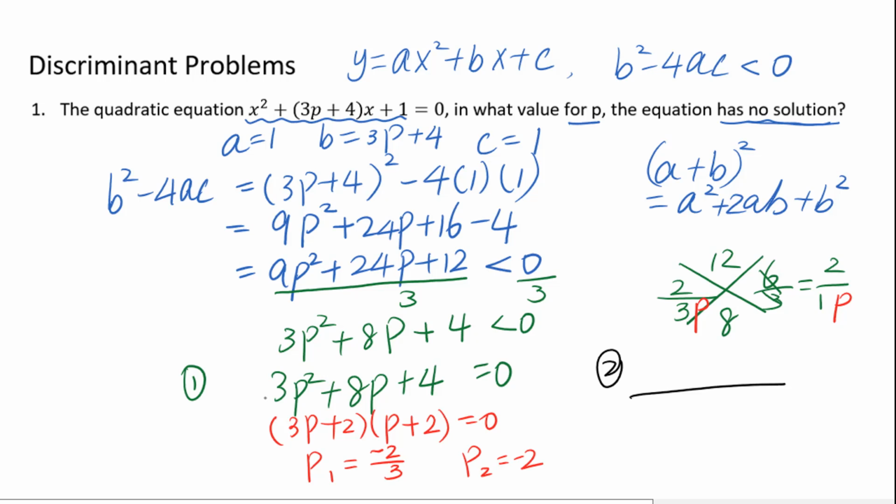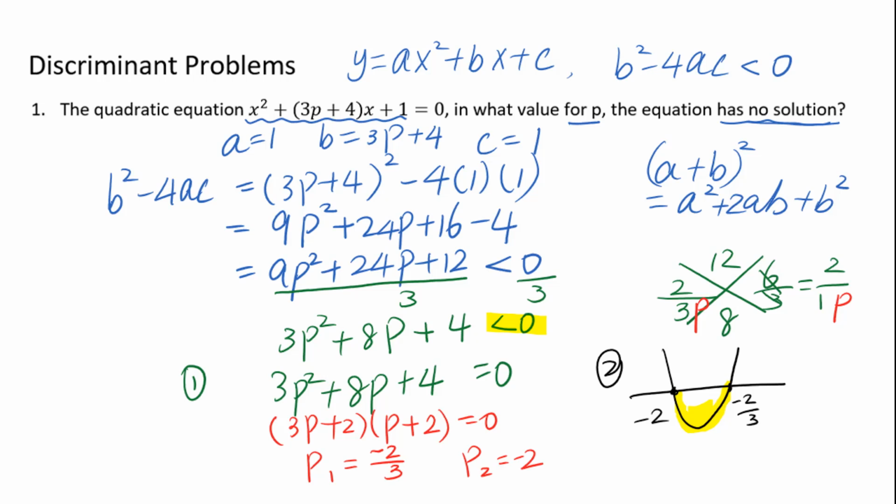Second step, sketch the graph. Because a equals 3, the graph opens up, so the graph looks like this. This is negative 2, and this is negative 2/3. Less than 0 will be this part, where the graph is below the x-axis.